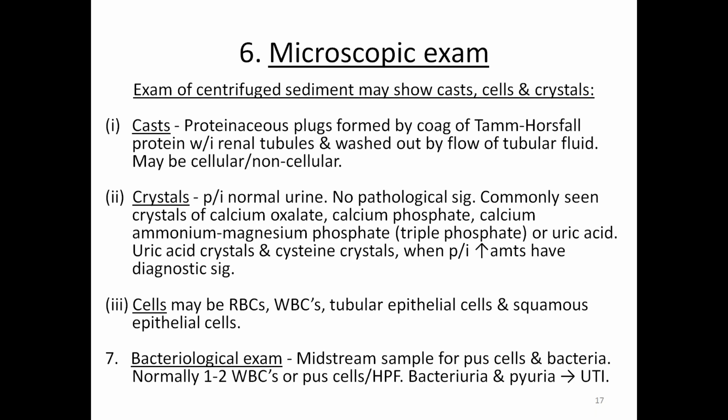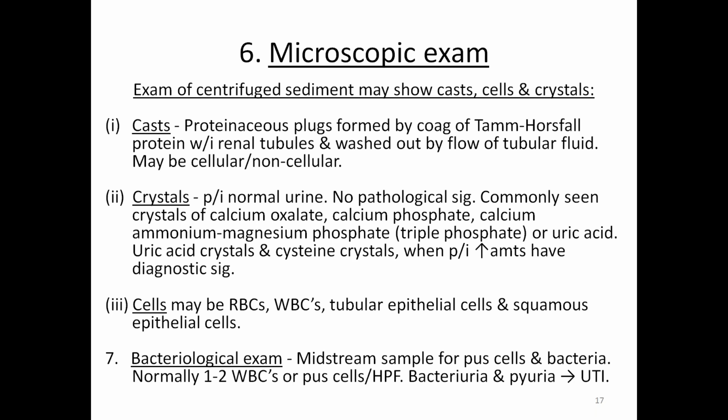They may be cellular or non-cellular. In cellular casts, certain cells are coagulated with protein material, and non-cellular casts are hyaline and granular casts. This is also very much something you will learn again in detail in pathology. Then crystals. So these are present in normal urine, and so they don't have pathological significance as such.